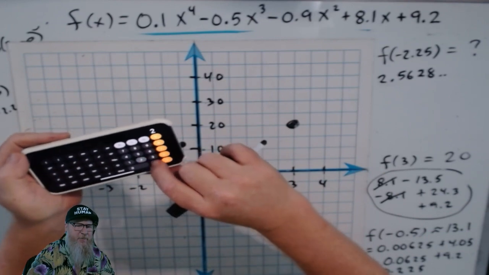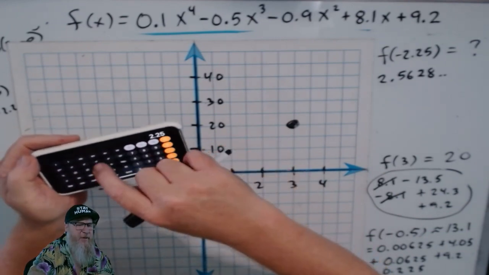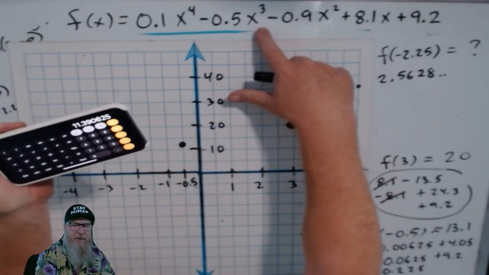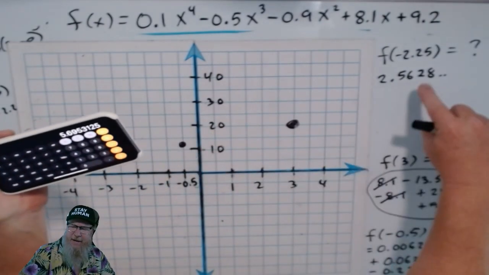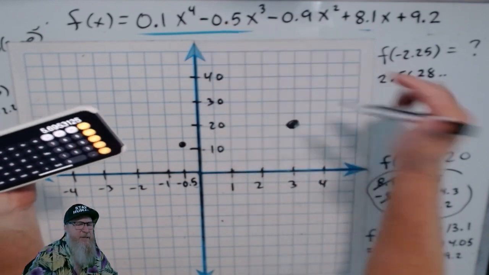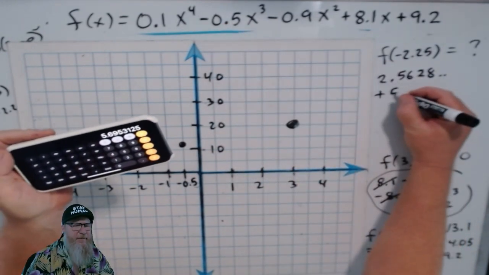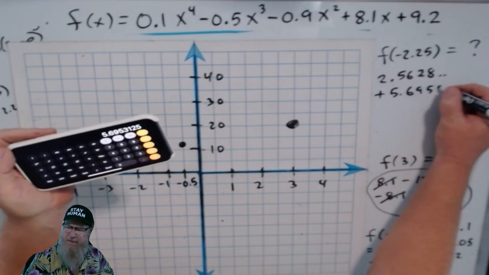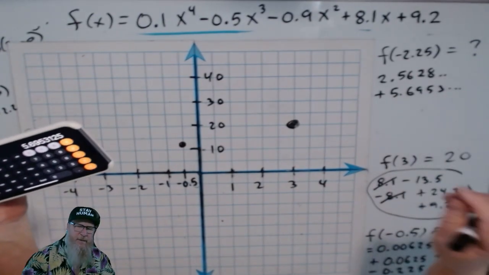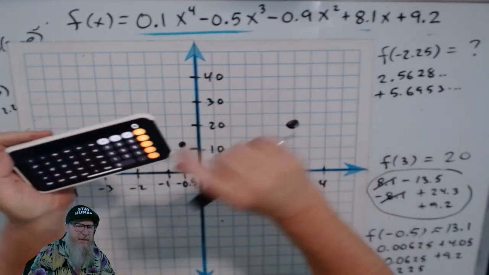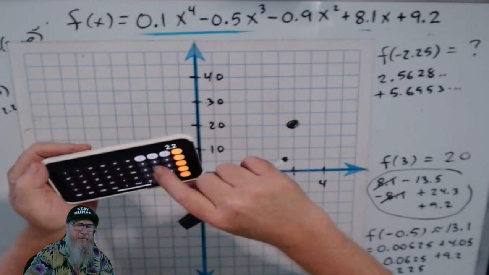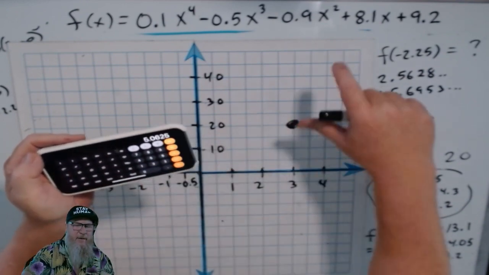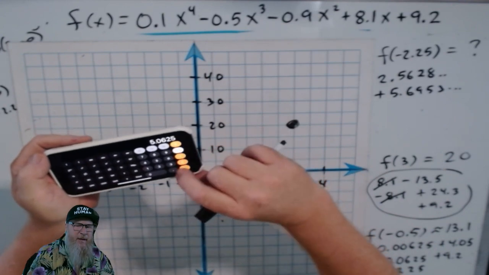All right, so I got 2.25 to the third power, and then times 0.5. And then it is negative, but it's negative times a negative, so it's going to be positive 5.6953. 2.25 squared times 0.9.